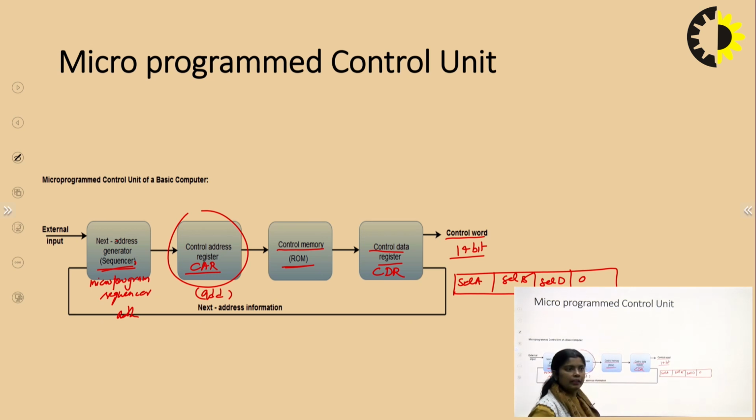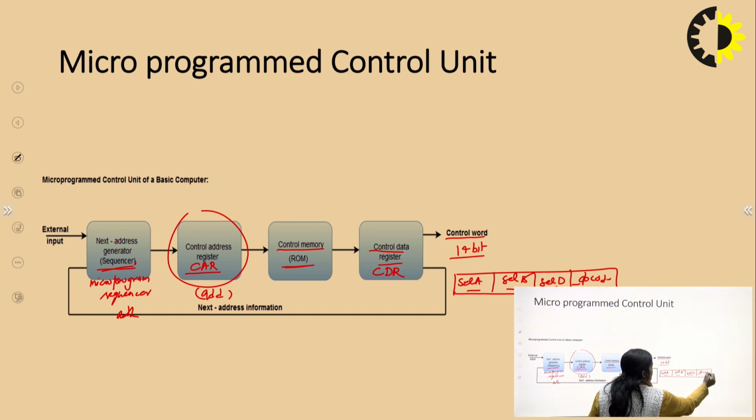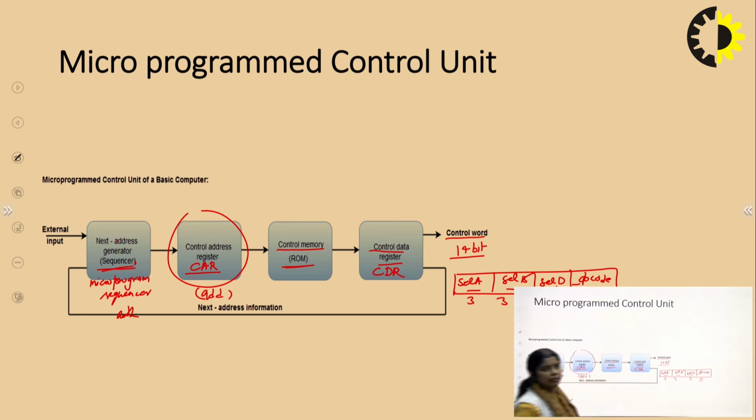So whatever the addresses are, select A, B and D, these are the two operands, the inputs, and select D is the output where the result will be stored in a register. And this is the opcode, whatever addition or subtraction you are doing. So you can say this is 3-bit, 3-bit, 3-bit and this is the 5-bit value.